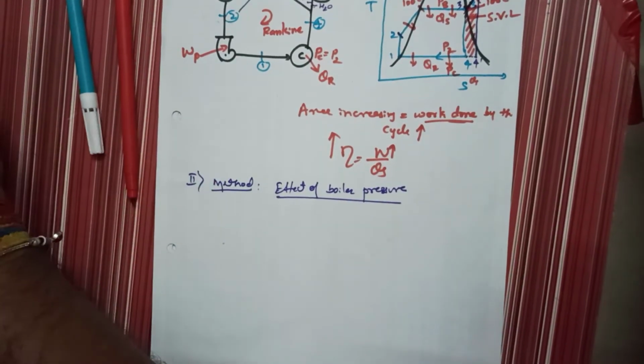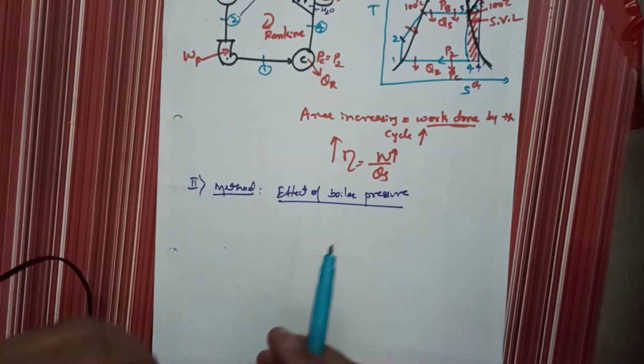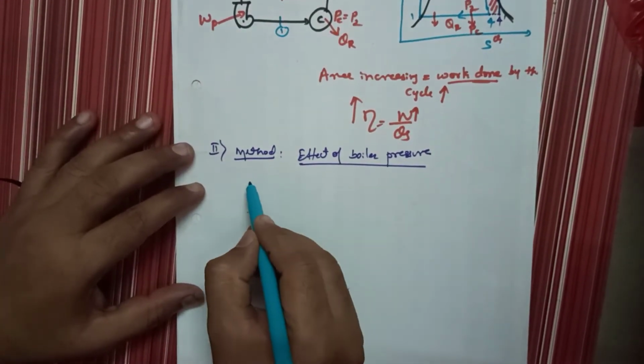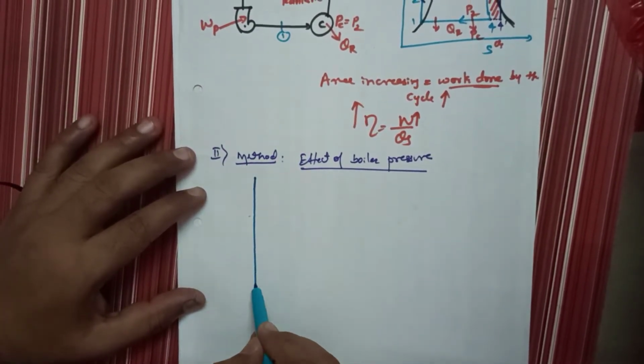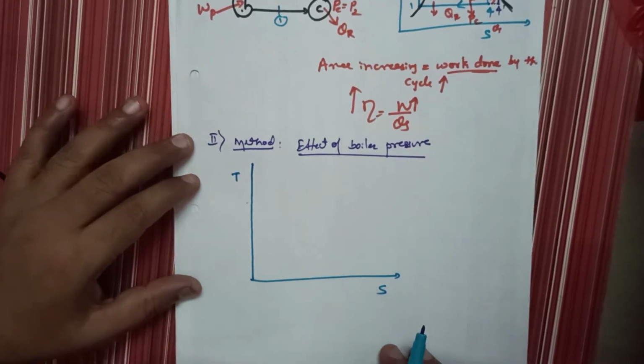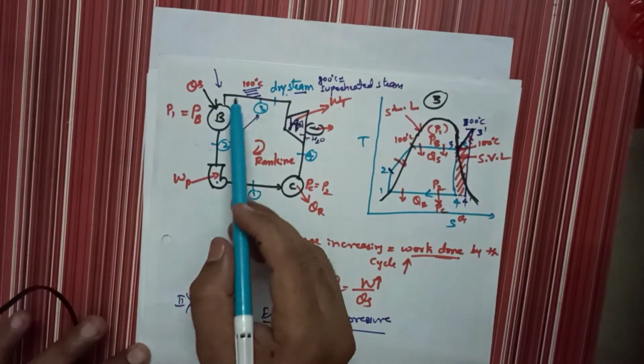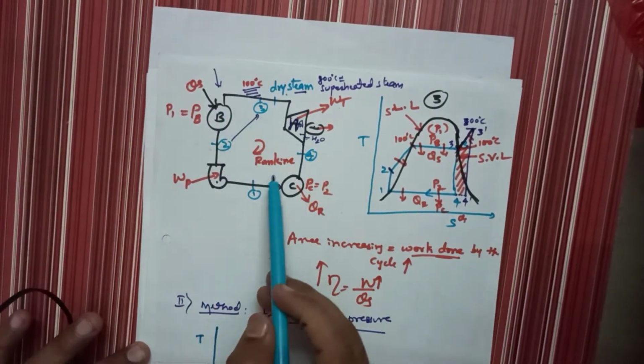Now I will increase only the pressure in the boiler. So I will draw one TS diagram for this, the TS diagram for increasing the boiler pressure. You refer to the same block diagram, this is the block diagram for the Rankine cycle.